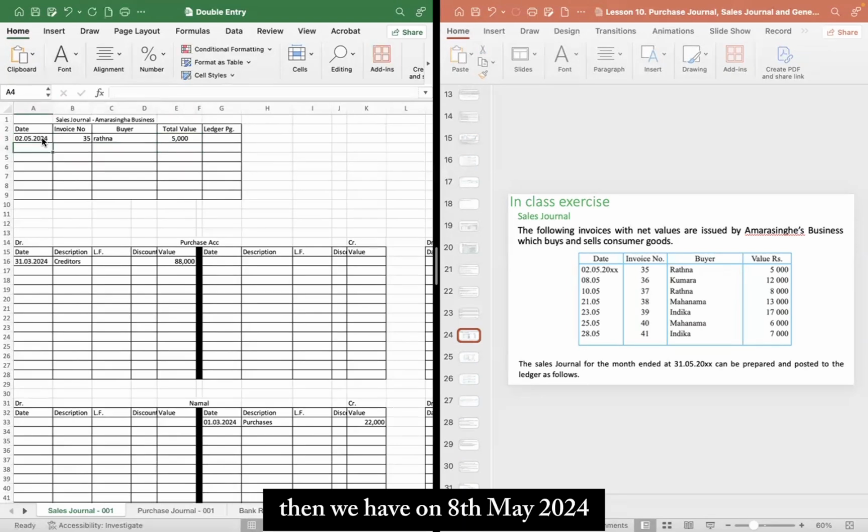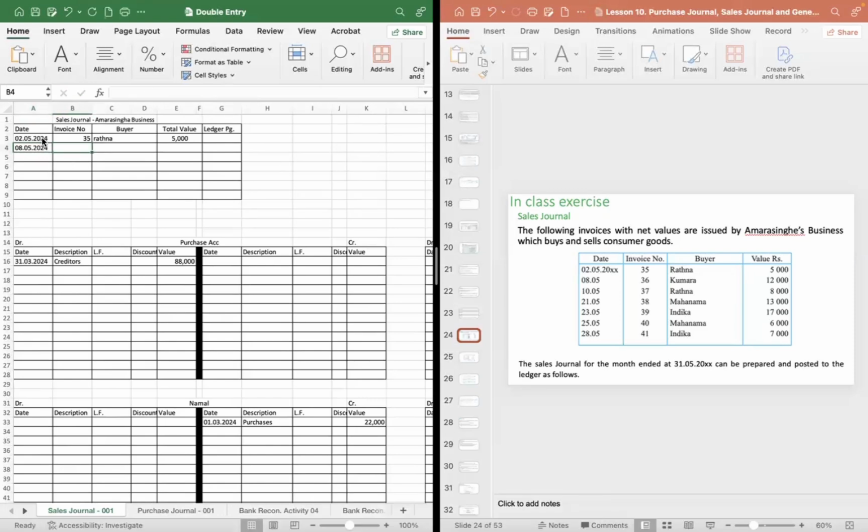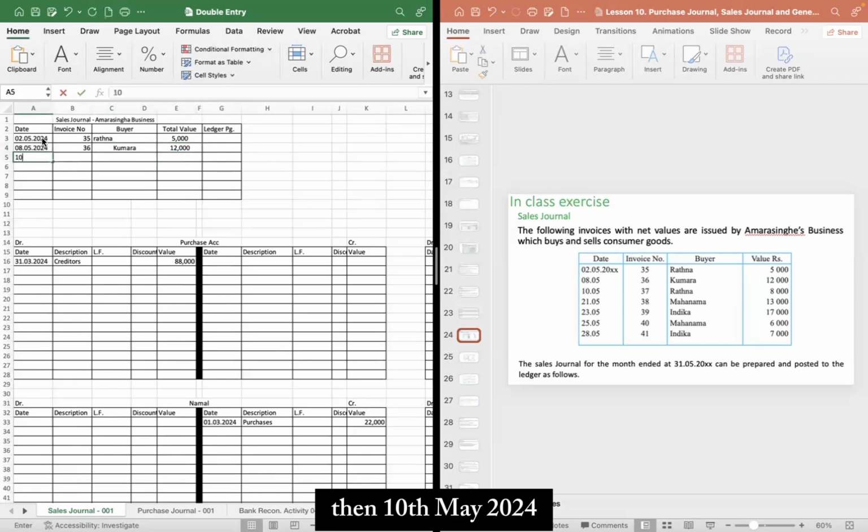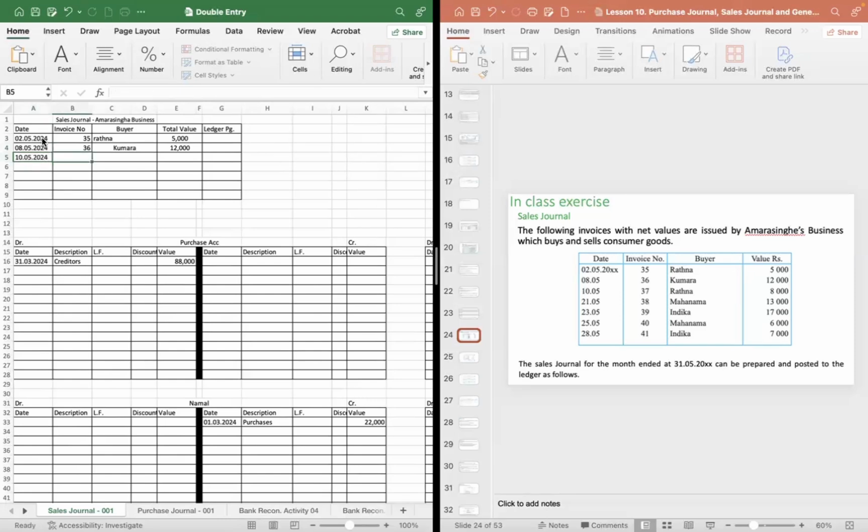Okay. Then we have on 8th May 2024, 36, Kumar, 12,000. Then 10th May 2024, 37, Ratna 8,000.